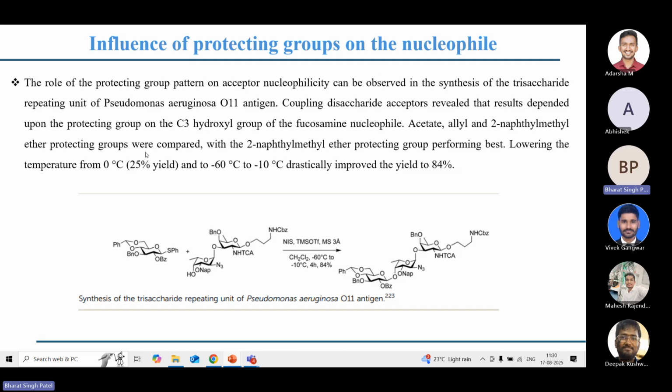Once they took the naphthyl methyl protecting group, they were able to achieve 84% yield, and that reaction was even done at lower temperature. So the protecting group also alters the reactivity as well as the stereochemistry outcome.